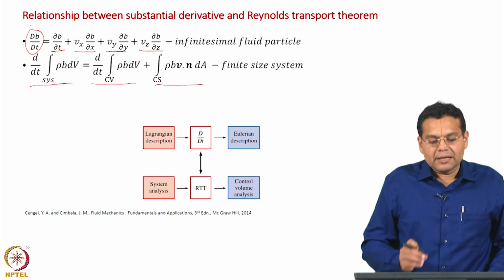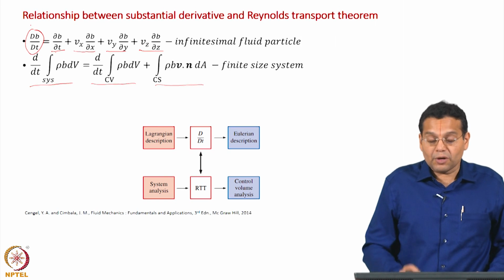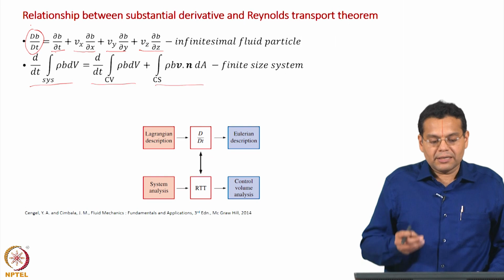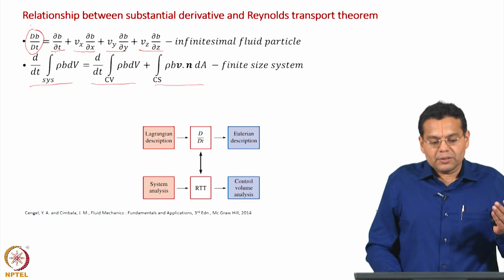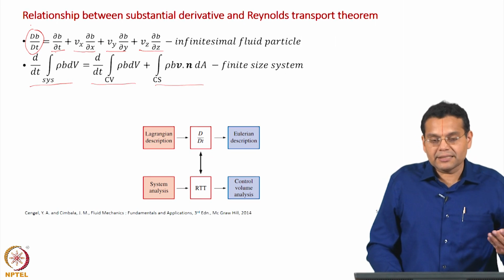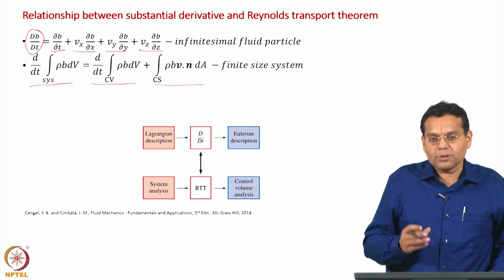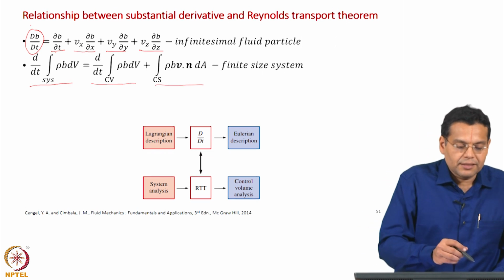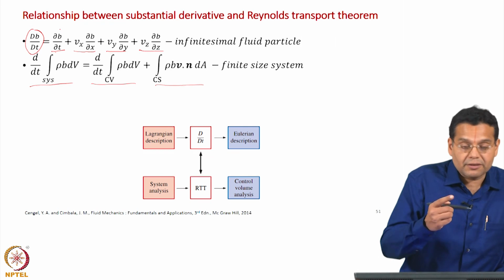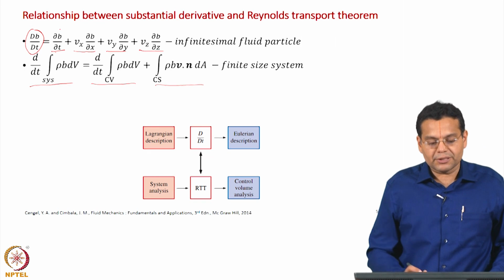So, we applied the substantial derivative, or we derived it, for expressing the rate of change of property as we follow a fluid particle. So, the left hand side is a Lagrangian representation, tells about how property changes as you follow a fluid particle. Right hand side we said it has two contributions.